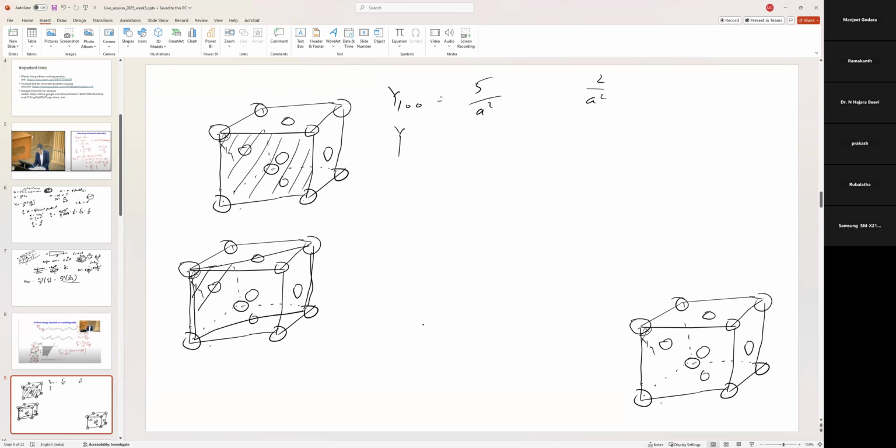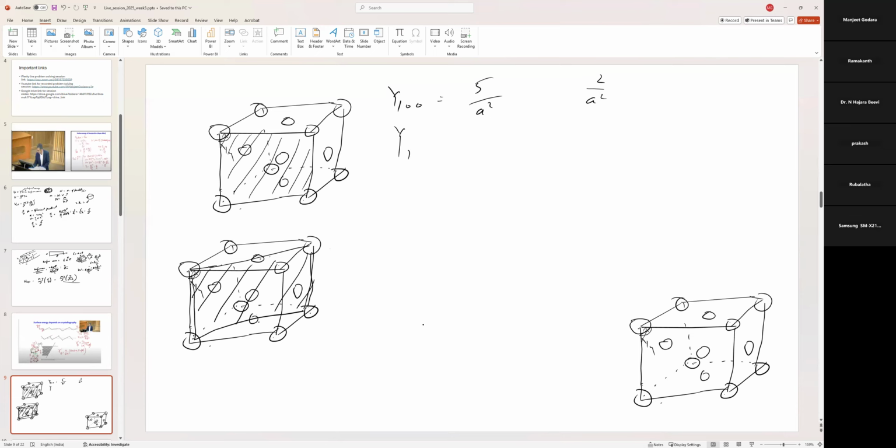This is a 111 plane. How many atoms does this one cut? One, 1, 2, 3, 4, and two takes the center one. So 1, 2, 3, 4, 5, 6.